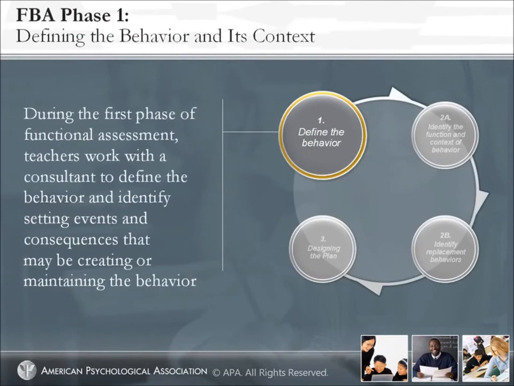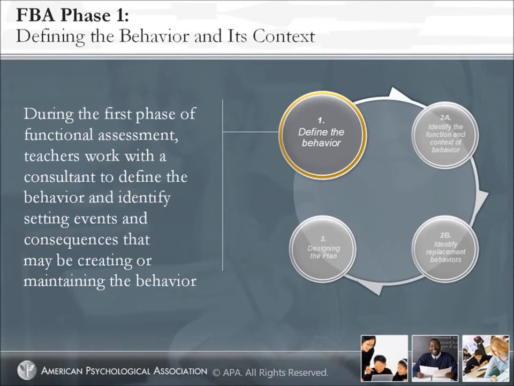FBA Phase 1, Defining the Behavior and its Context. In the first phase of functional assessment, teachers work with a consultant to define the behavior and identify setting events and consequences that may be creating or maintaining the behavior. Three types of measurement strategies are typically employed.